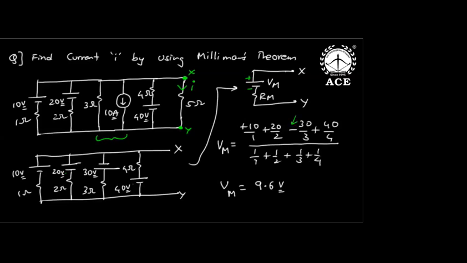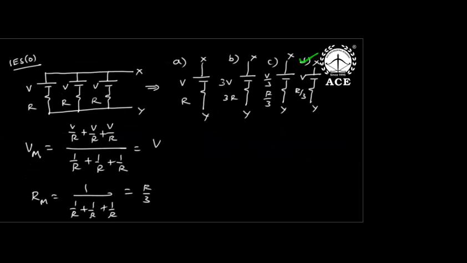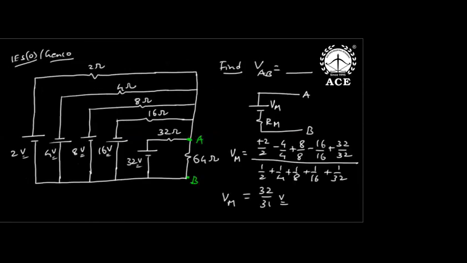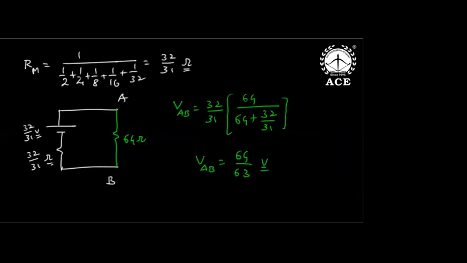However, resistors are bilateral. Again in the Millman's equivalent, we got the value of VM, and then VAB.